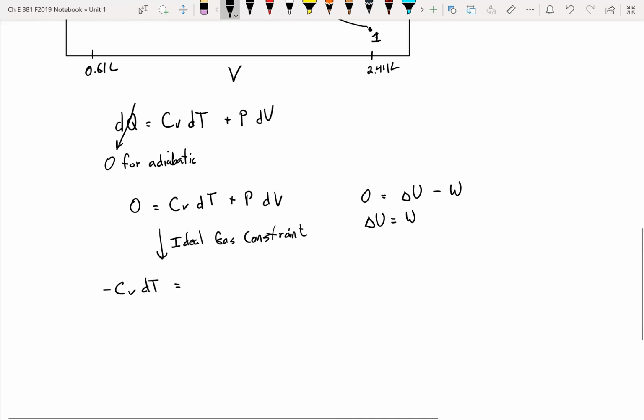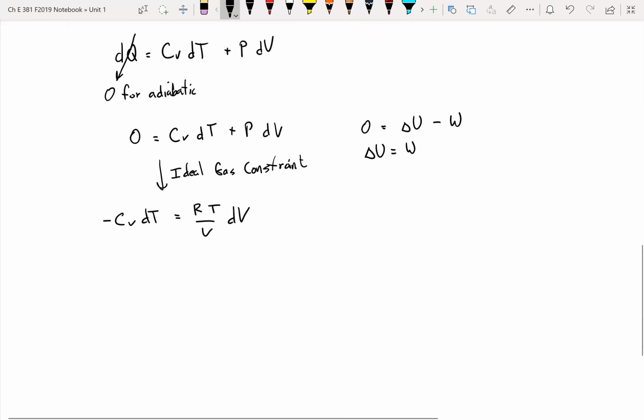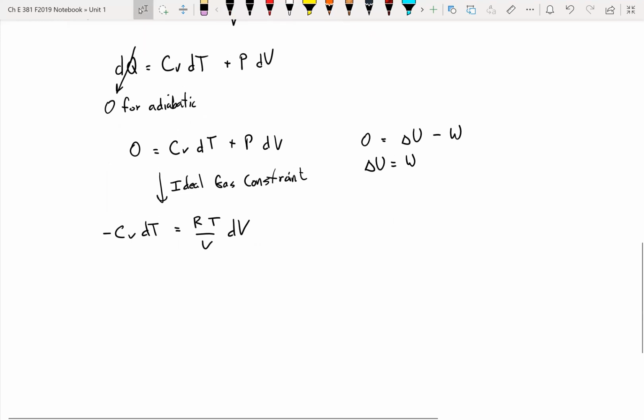And then on the right-hand side, I can write RT over V dV. Now this time, the temperature, I'm not allowed to pretend that's constant. So what I can do, though, is I can sort out the two different variables.